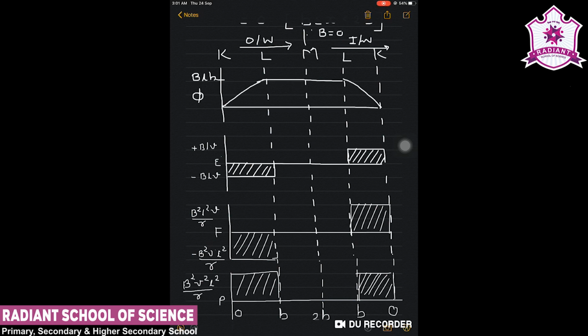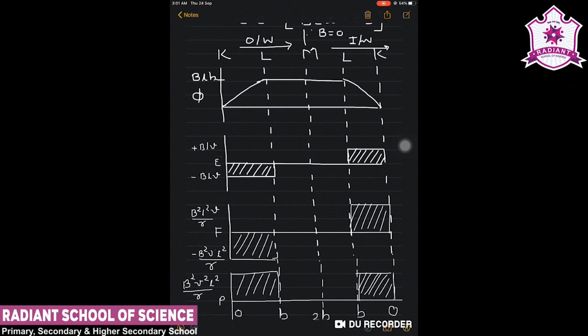Now for the quantity EMF, we have the equation BVL. For the outward path, initially up to b it is given by minus BLV and therefore it is negative and shown below the axis. Now for the region b to 2b, there is no magnetic field and therefore no EMF is induced.